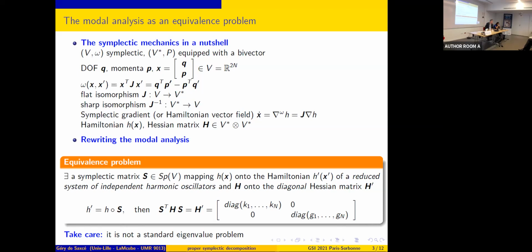We would like to rewrite the modal analysis in the language of symplectic mechanics as an equivalence problem.